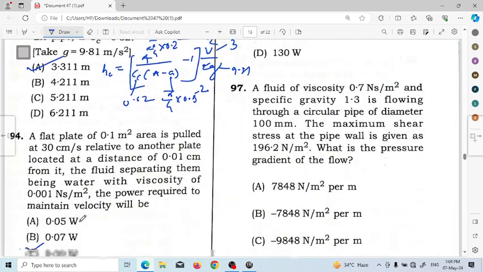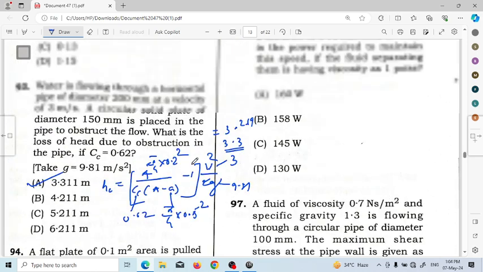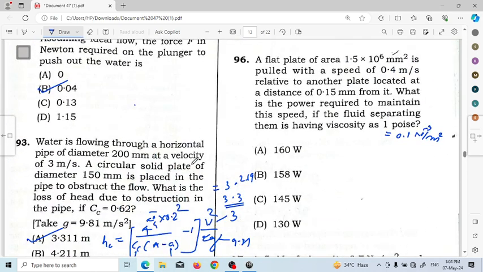This is the same case as question number 94. I have to apply this formula. Power is equal to force into velocity, and force is equal to mu V by h into area.